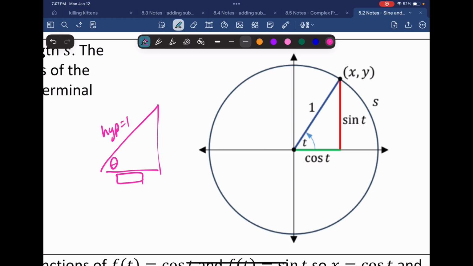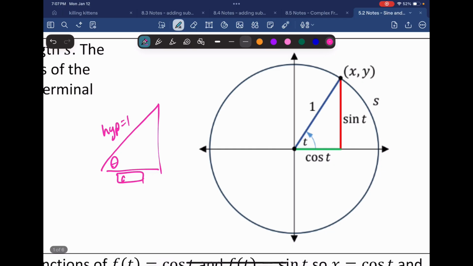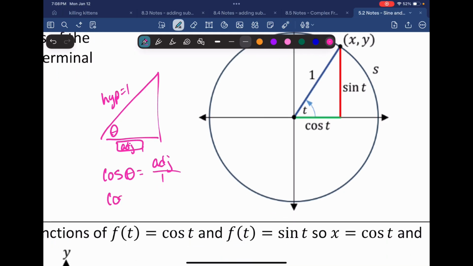Okay, well, that's adjacent. Well, the trig function that gives me the adjacent side is cosine. Cosine theta equals adjacent over hypotenuse, in this case 1. So cosine theta equals simply the adjacent side. Well, that's the x.